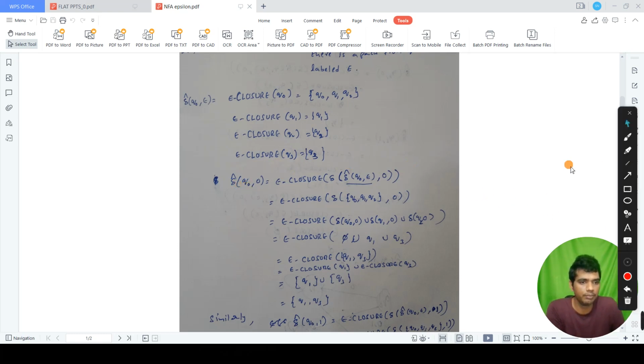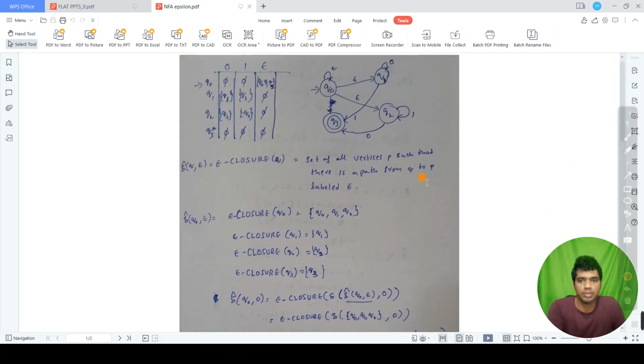What are the inputs available in this example? 0 and 1, so we need to eliminate the third column. We need to compute q0 on 0, q0 on 1, q1 on 0, q1 on 1, q2 on 0, q2 on 1, like this. All possible combinations we need to compute.